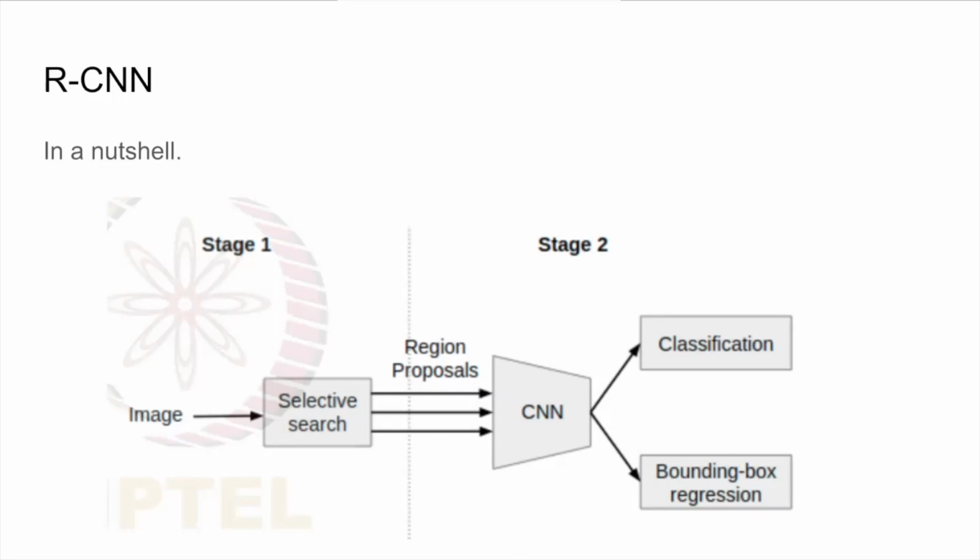Along with that, when we have proposed a region, we need to refine that region as well, right? So let's say I'm getting a region proposal, and we need to find if there is an object or not.